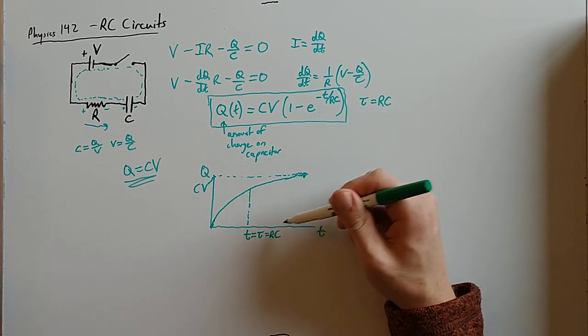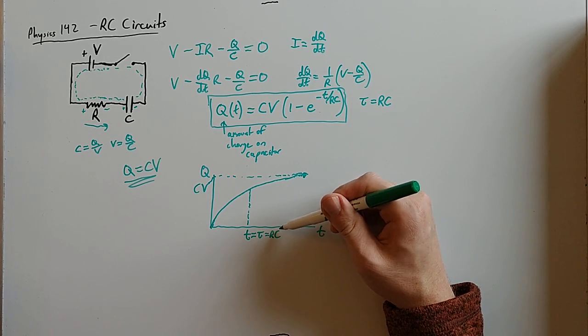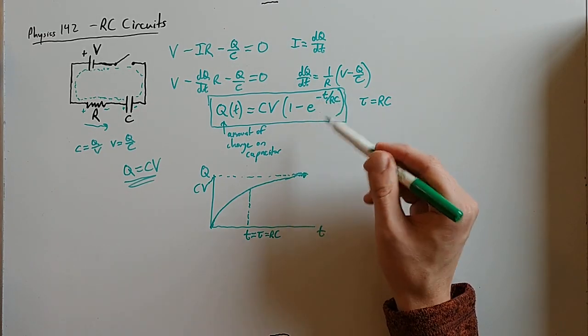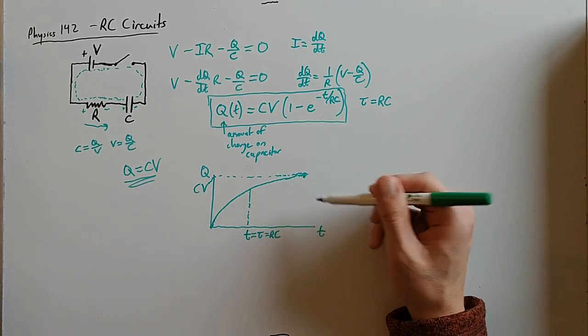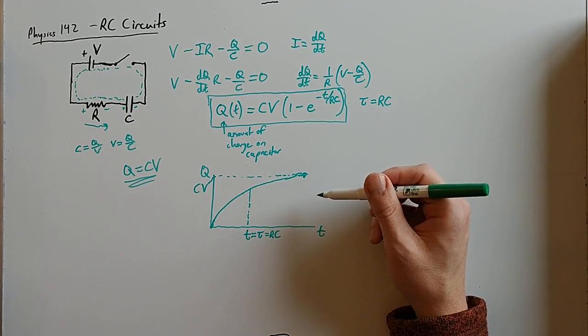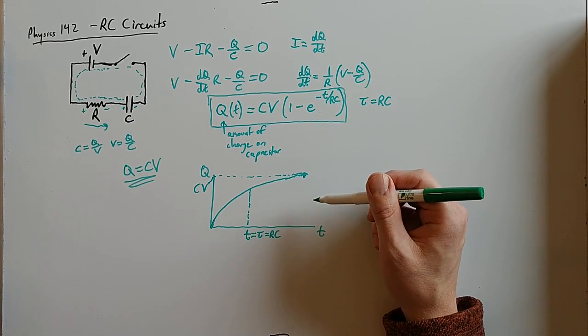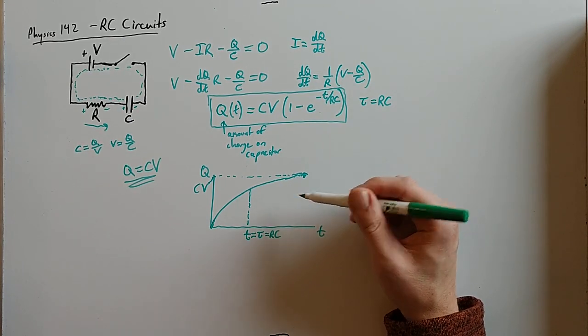Every RC of time that passes, you get another e to the minus 1 closer to being fully charged. So this is just a way that we can represent how quickly things are being charged.